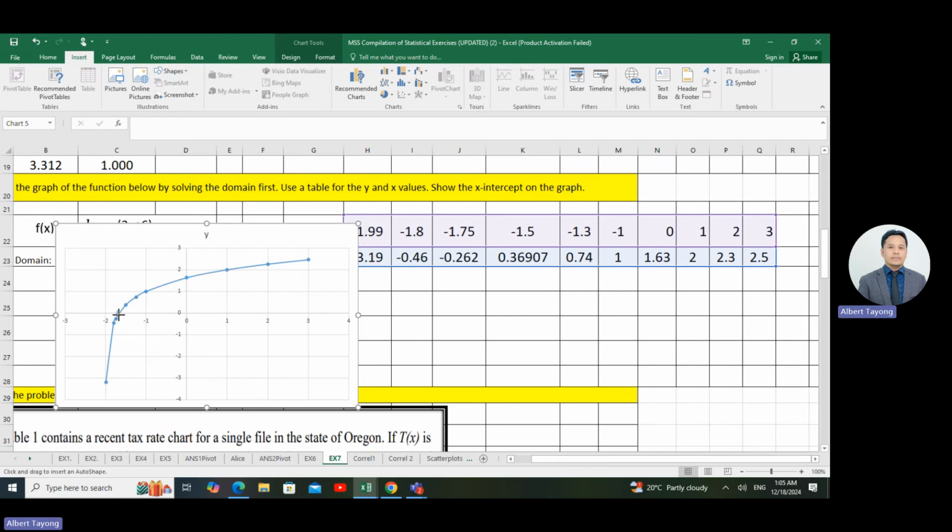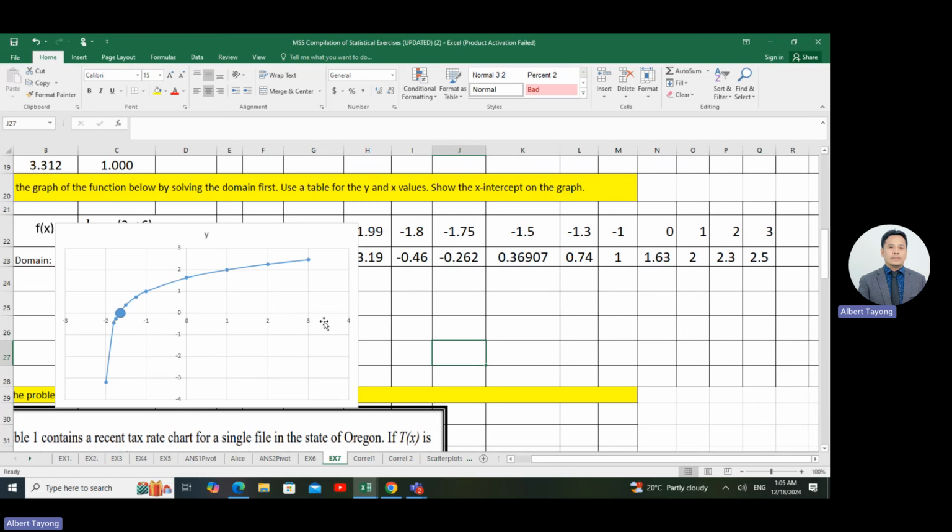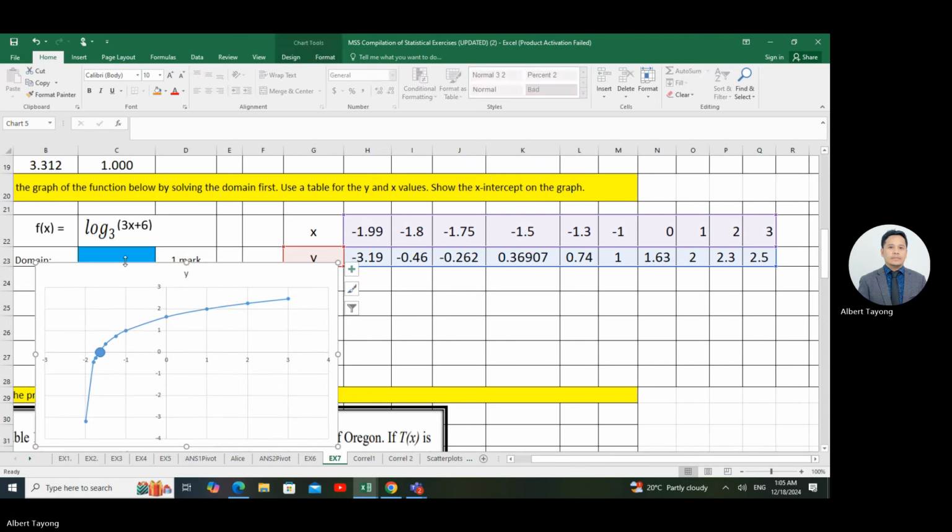This part here. That is the x-intercept. This is the x line. So basically what we're going to do is to look at our function. We have f of x, that is your y. So y is equal to 0.